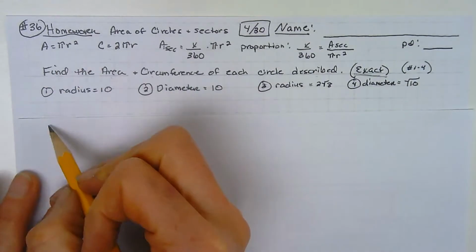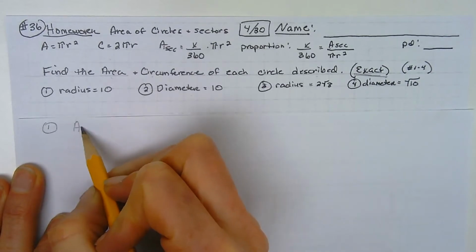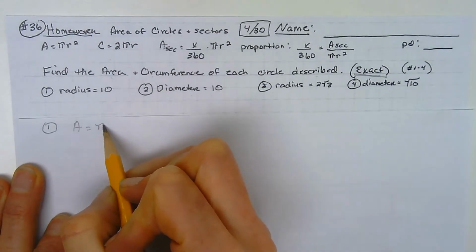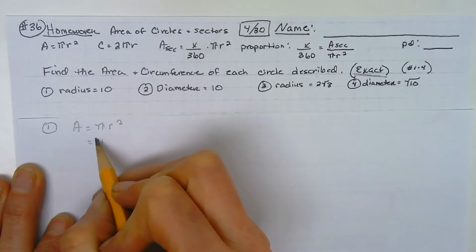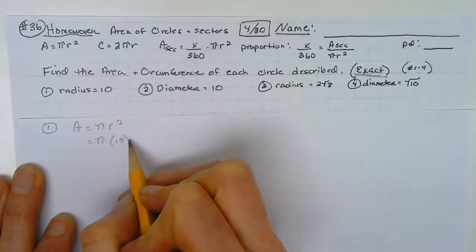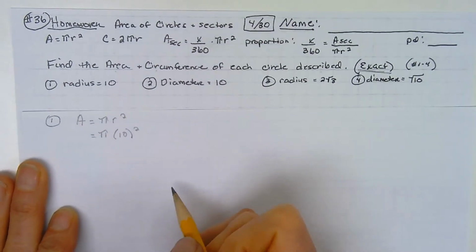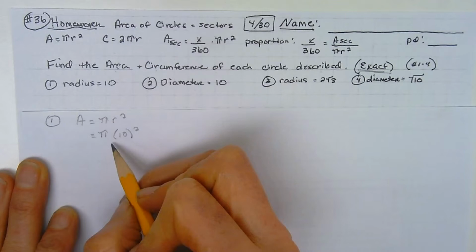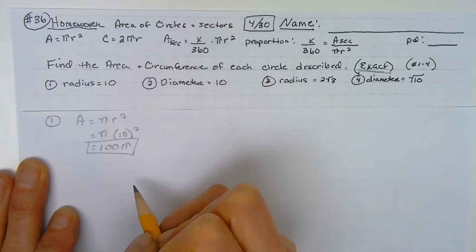For number 1, the radius is 10. To find the area of a circle, we use the formula pi r squared. So pi times 10 squared. If I square this, I get 100 times pi, and that's the exact area for number 1.